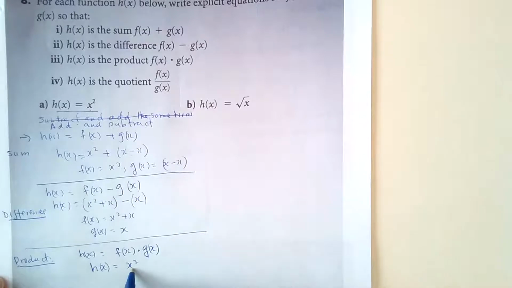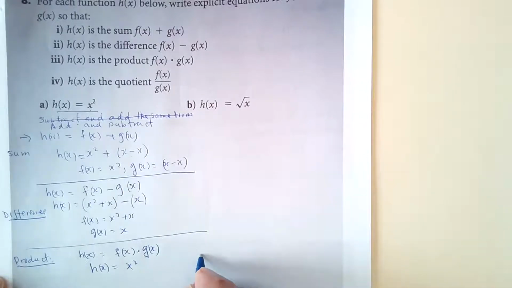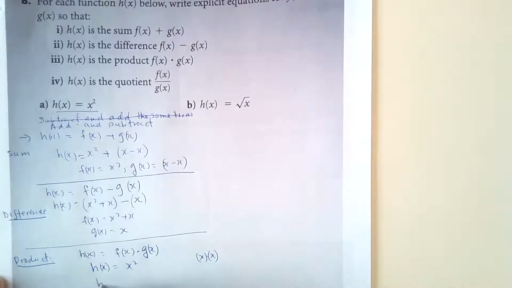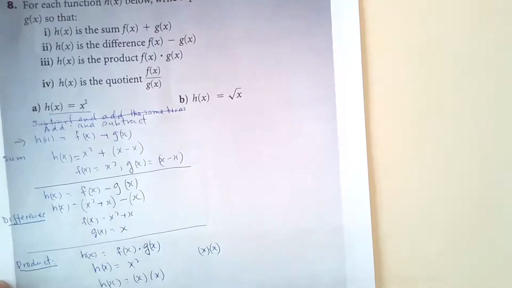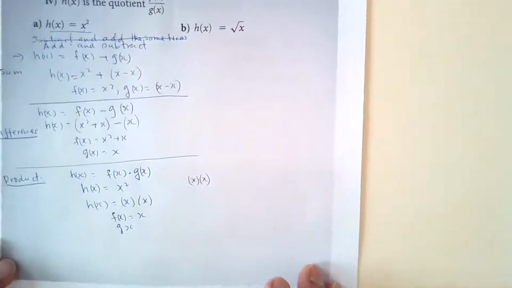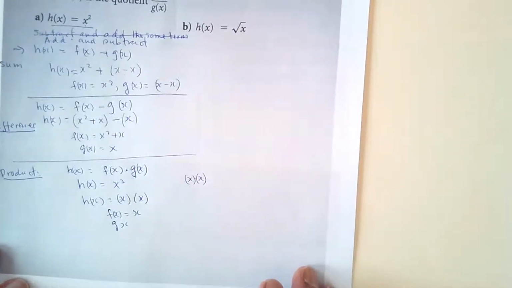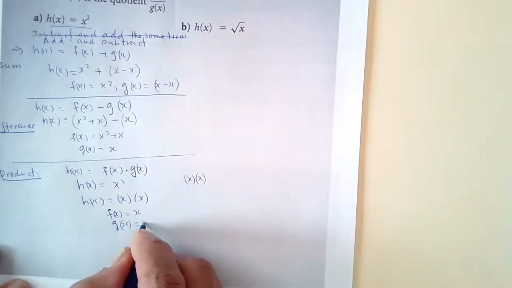By factoring this, we get x times x. So h of x is equal to x times x. So f of x is equal to x, and g of x is equal to x.